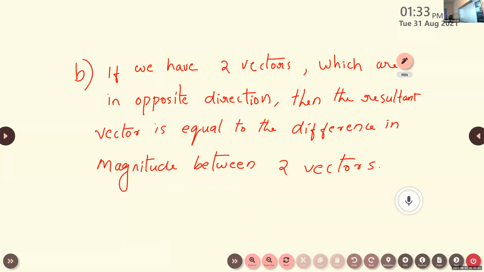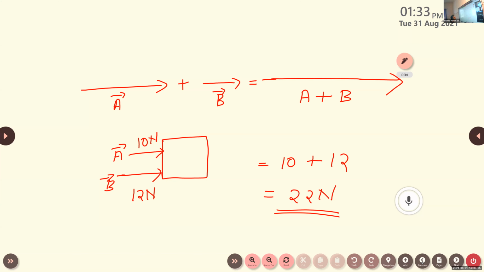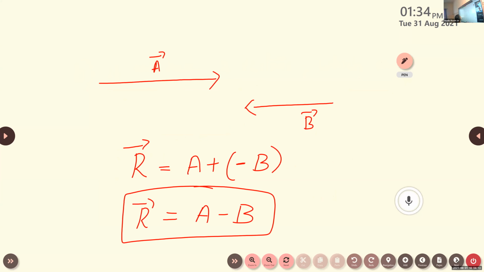In the previous case, we had two vectors acting along the same direction. So the resultant vector is given by R equal to the magnitude of the first vector, that is A, plus the magnitude of the second vector B. They are along the same direction. But in the present case, we also have two vectors, but they are acting in opposite direction.